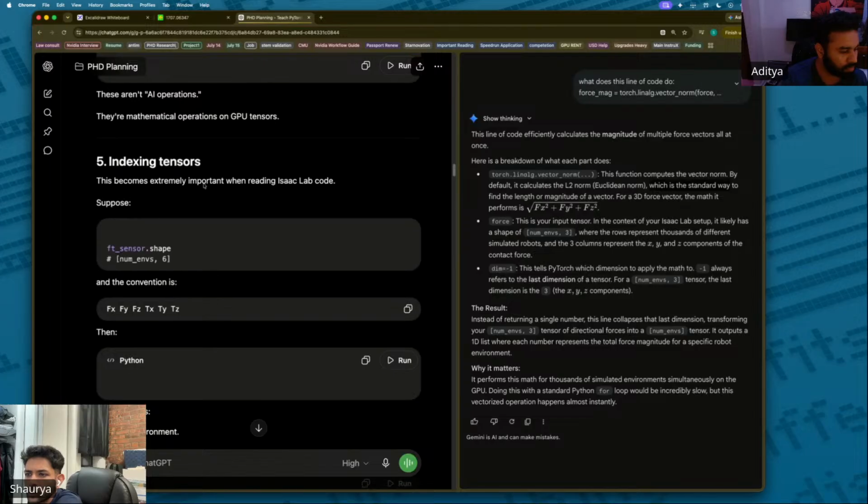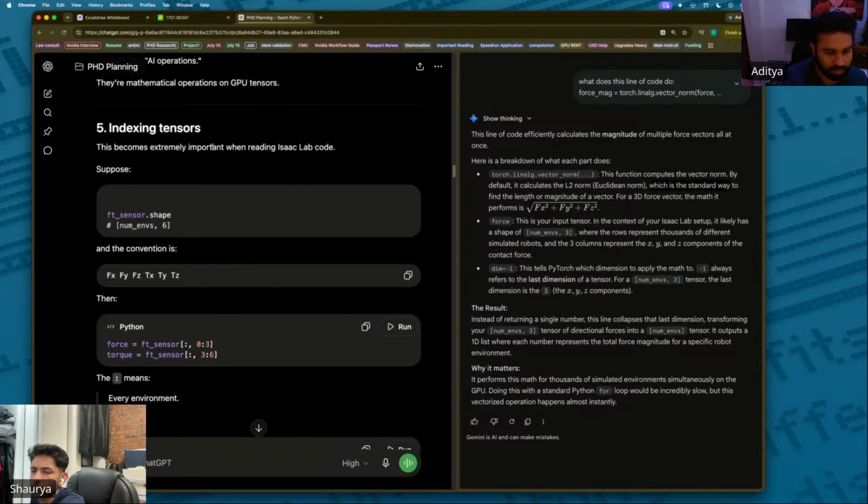Okay. Indexing tensors. This becomes extremely important when reading Isaac Lab code. ft_tensor.shape is num_envs, comma 6.